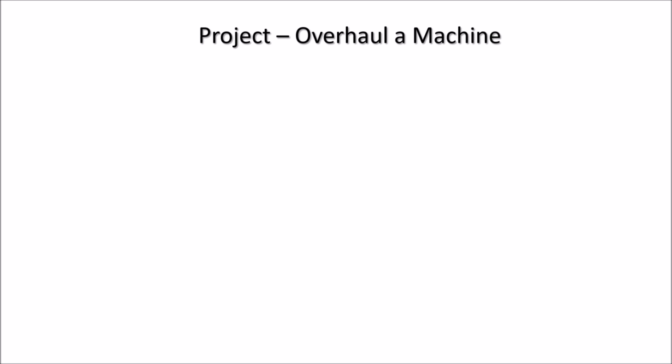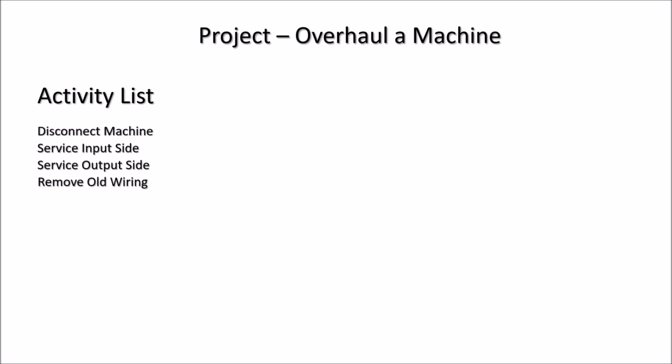So our project is to overhaul a machine. And we start with an activity list. We build a list of all the activities or jobs or steps involved in our project. As soon as we have that, we can start sequencing those activities.